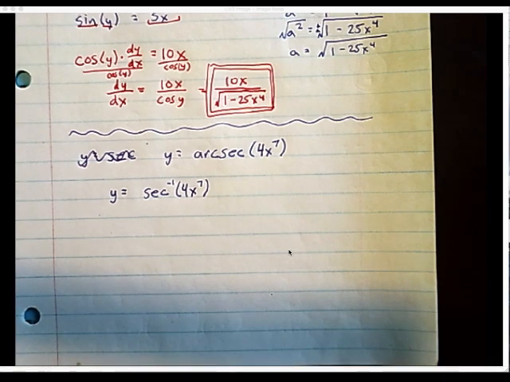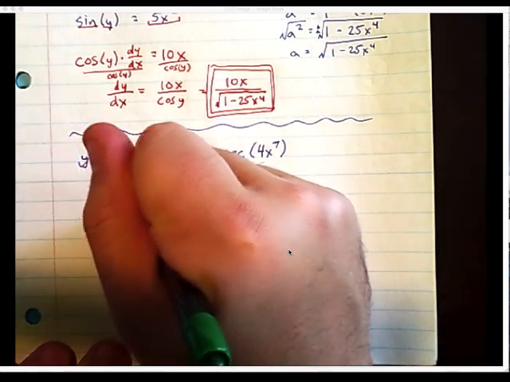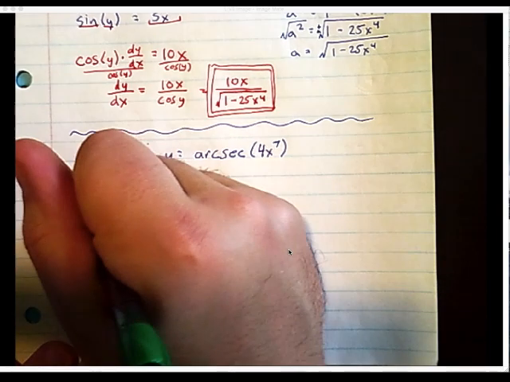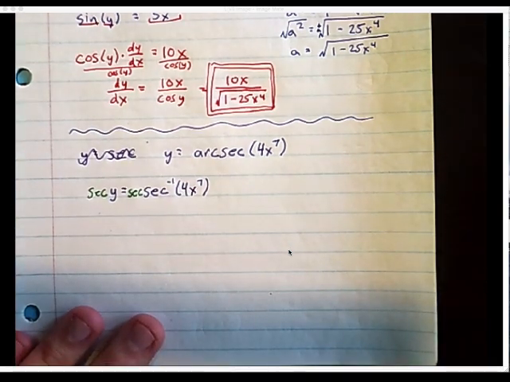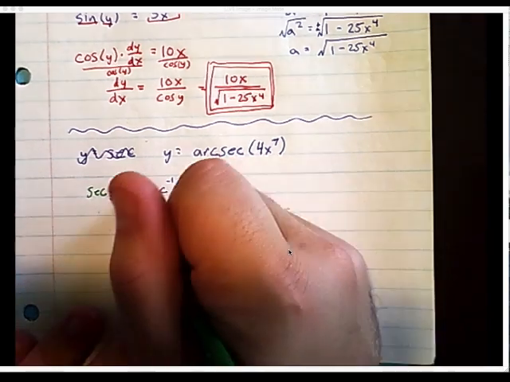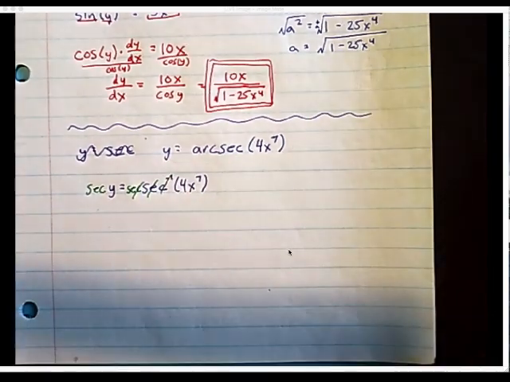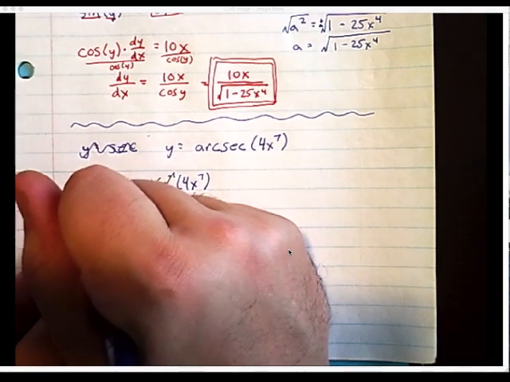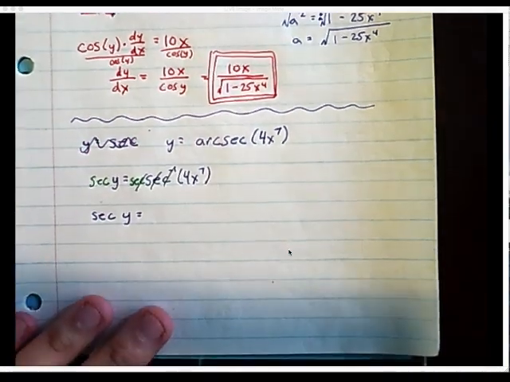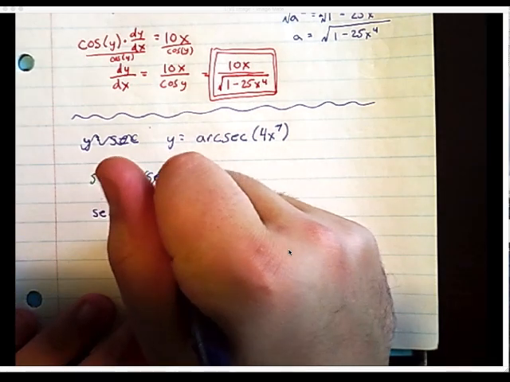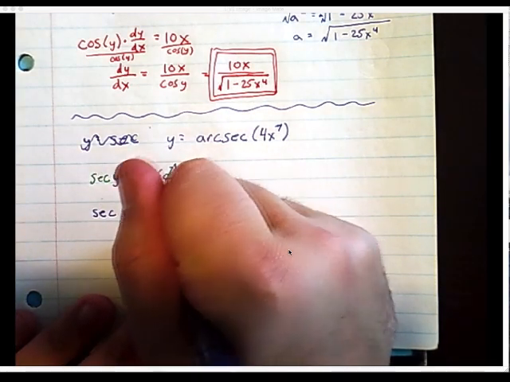Well, to get rid of that secant inverse, you need to put a secant in front. So that cancels that out. So now the secant of y, you haven't taken any derivatives yet, but the secant of y equals 4x to the 7th over 1.